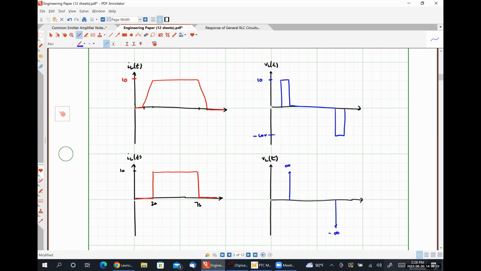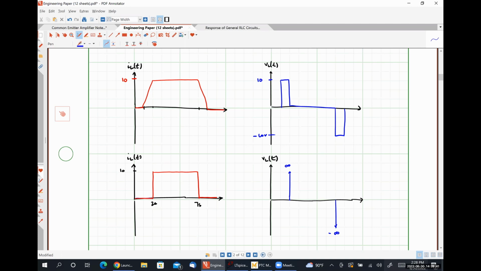Unfortunately, we can't have an infinite amount of voltage created, because an infinite amount of voltage would require an infinite amount of energy transfer in an infinitesimal amount of time.